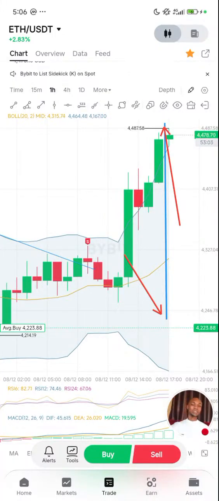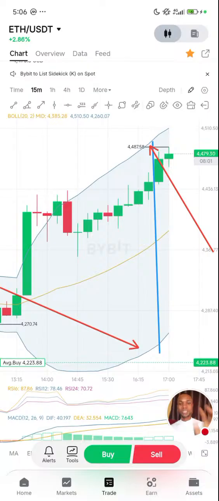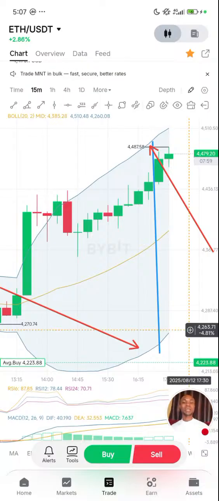No, it is going to come down. If you look at the analysis, you can see it is showing us that Ethereum is going to be down after this pumping. Ethereum will be down to $4,263 USDT. That is how you can be able to know.